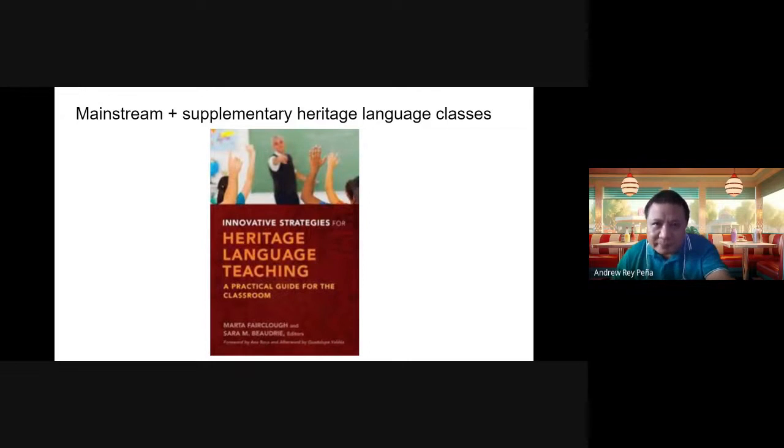So for example, in the Philippines, you have Chinese who have migrated to the Philippines. They attend a school, but in the school, there's no regard for Chinese culture. So what the parents do is they plan a supplementary heritage language class.